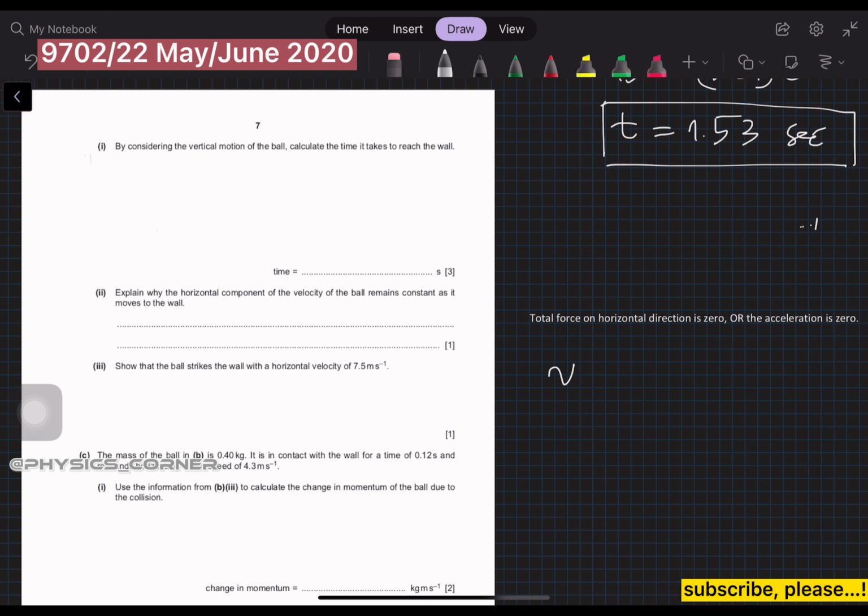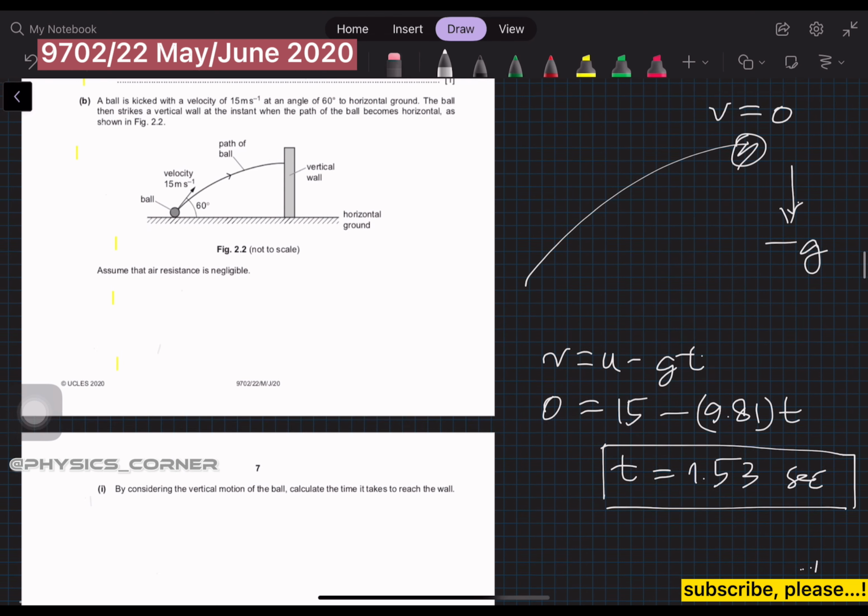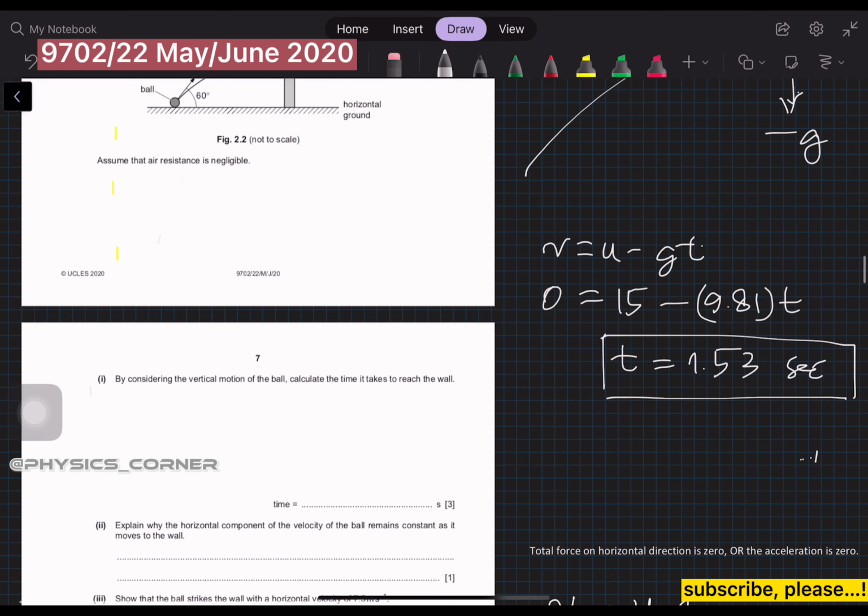Vx, the velocity in the x direction, is u times cos of the angle, which is 60.